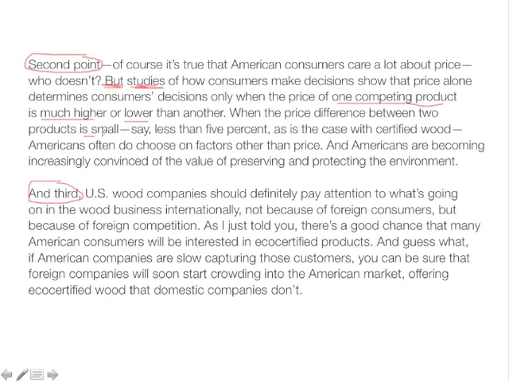If the difference is small, so again, he uses the idea of less than 5%. So hopefully you caught that information while you were taking notes. So oftentimes this is the case with certified wood. Then generally Americans may think about other factors. So that's the idea. Americans are becoming much more convinced of the idea of preserving and protecting the environment. So notice how the professor in this case structures a particular argument by saying, well, price is important, but it's not the most important.